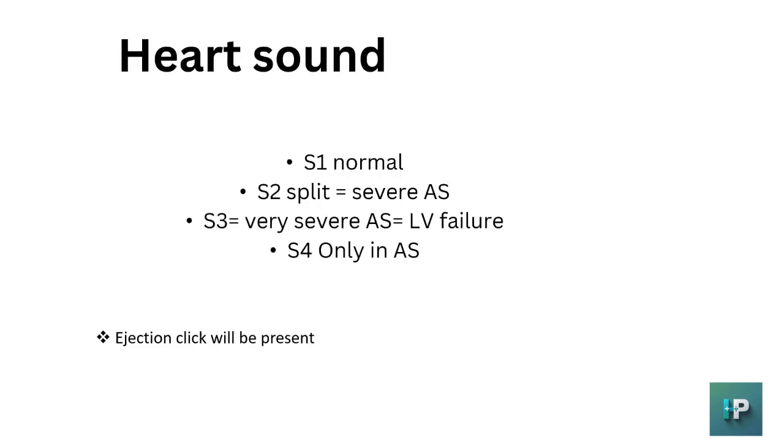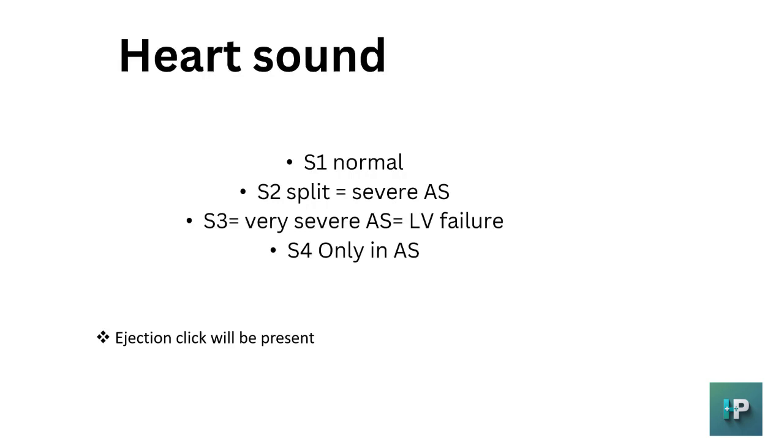Then the heart sounds. S1 will be normal, and in case of severe AS, the second heart sound will be split. As in severe AS, the closure of the aortic valve will be delayed, and the pulmonary valve, which is normal, closes at the normal time.